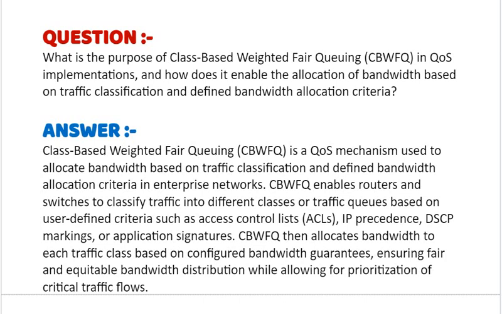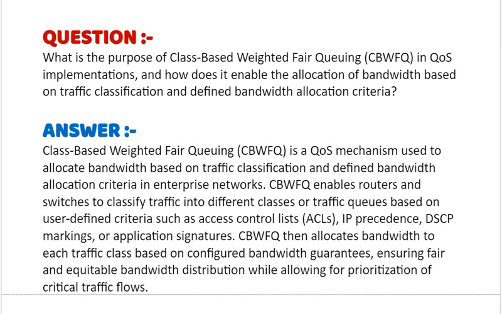Your answer should be: class-based weighted fair queuing, CBWFQ, is a QoS mechanism used to allocate bandwidth based on traffic classification and defined bandwidth allocation criteria in enterprise networks.